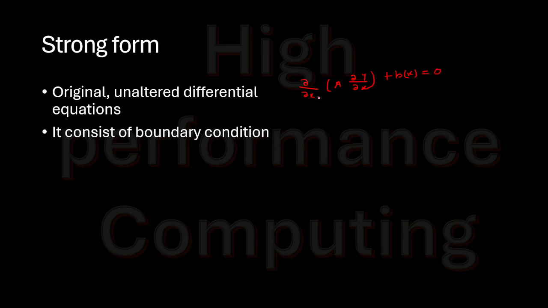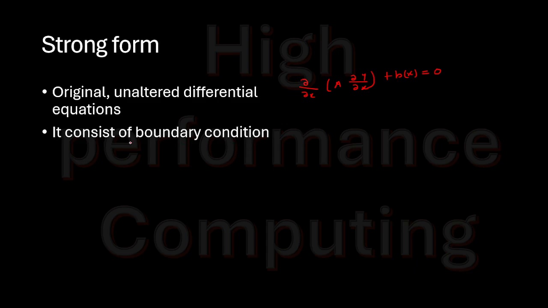This is the one-dimensional governing differential equation for the different physics problems. You can check the I button here, or you can go to the description box. You will see what y is, the different dependent variables y for the different physics problems, and a and b also.